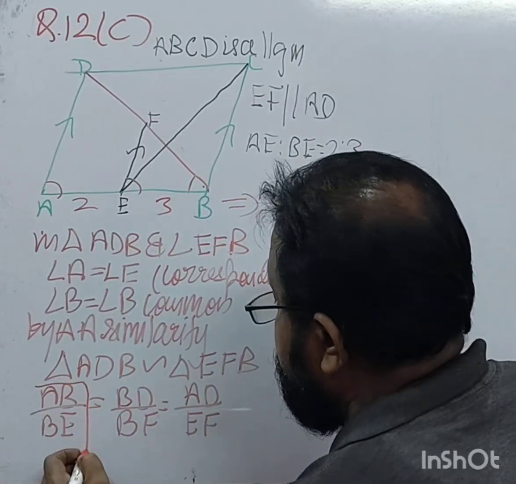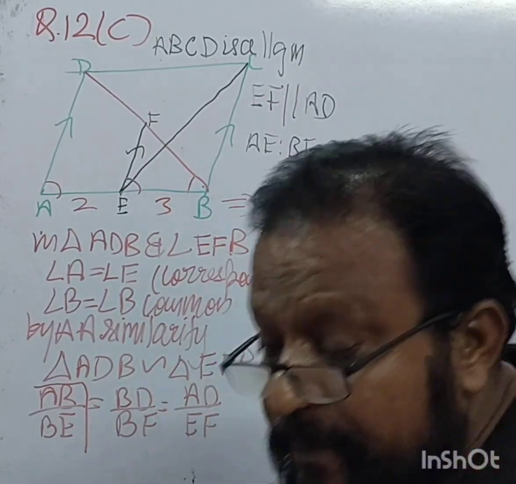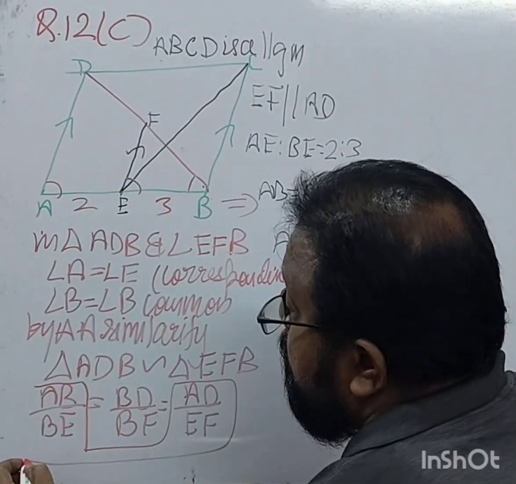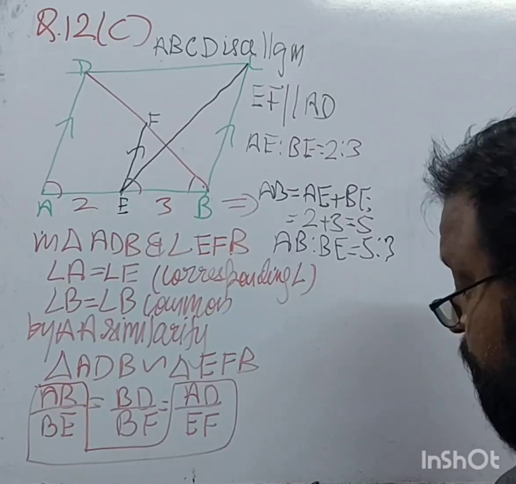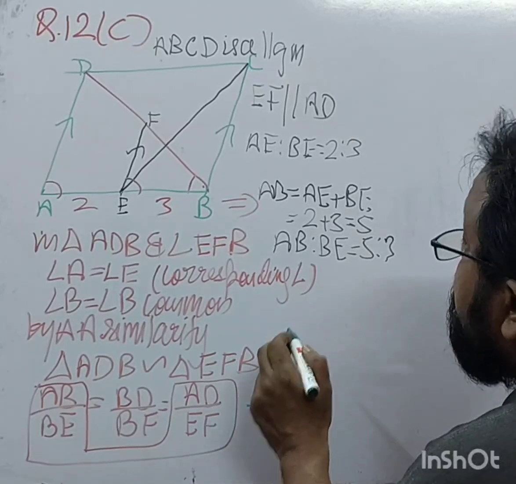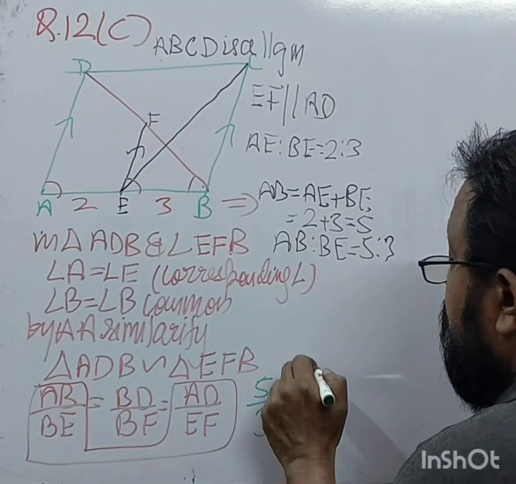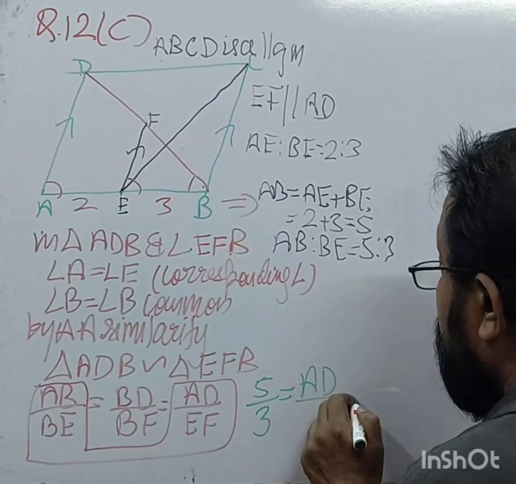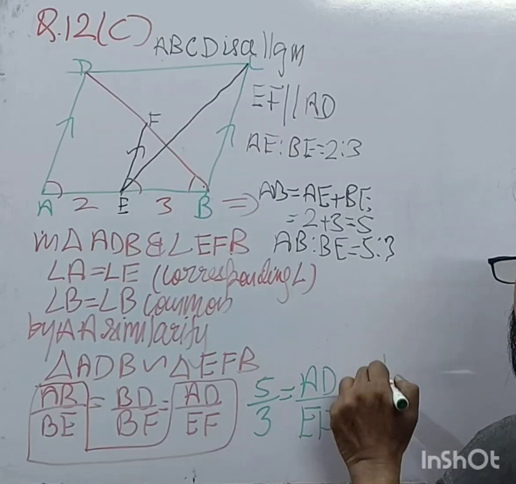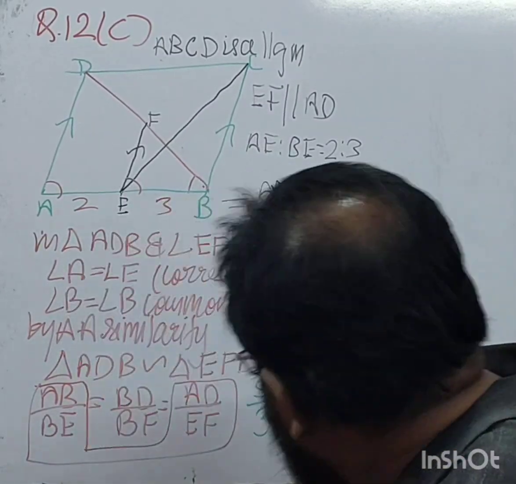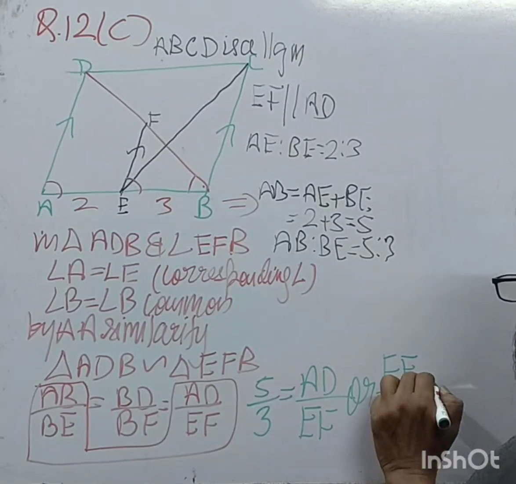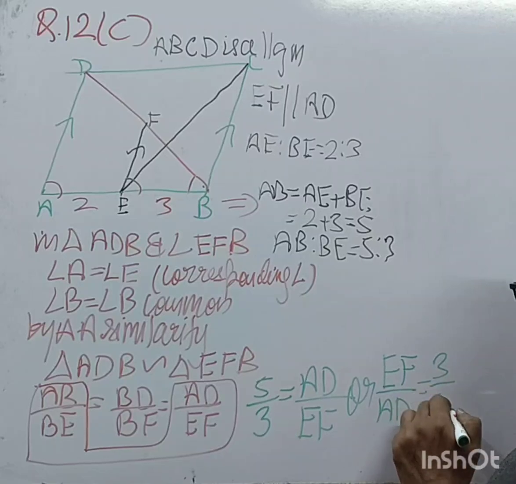So if we take this, and what we have to find? Yeah, we have to find this. So how much you will get? AB upon BE, 5/3 is equal to AD upon EF, or we can write EF upon AD is equal to 3/5.